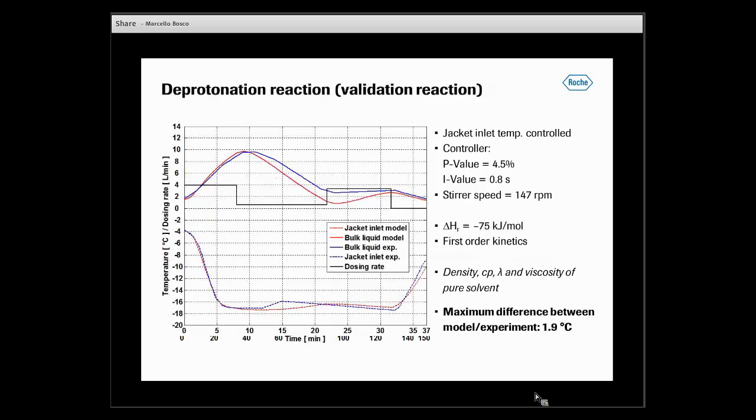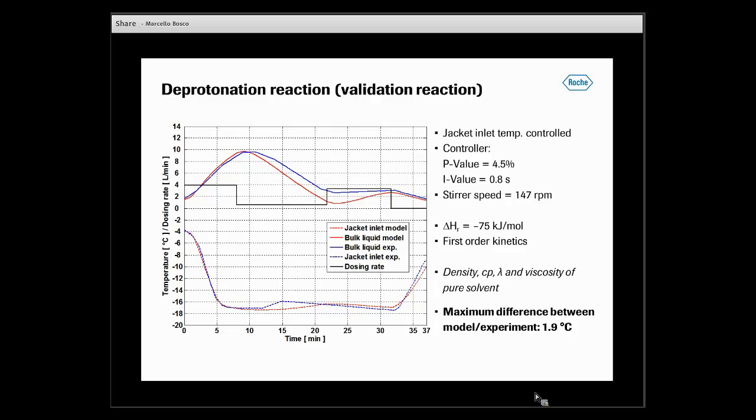Then we had another so-called validation reaction, the deprotonation reaction. This was interesting because we see now afterwards that the dosing was changed due to the rising temperature. Again, we have in red the model, and in blue the experiment.